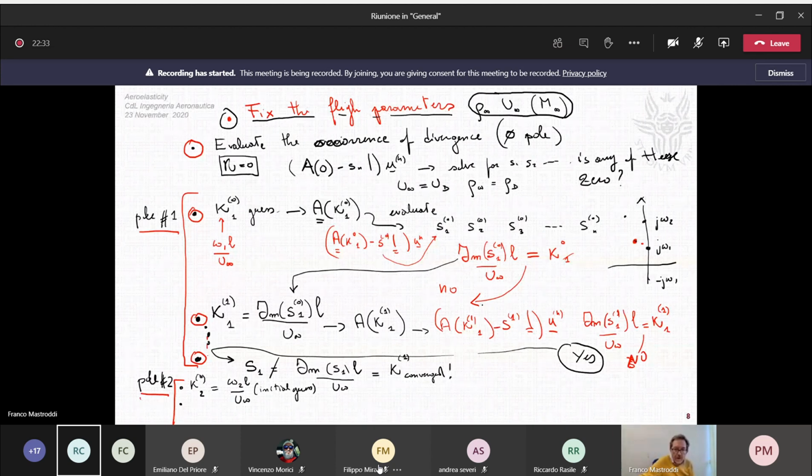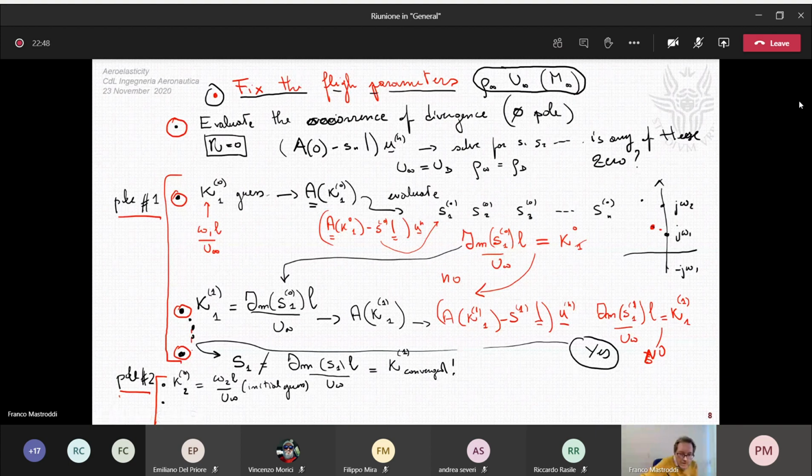If not, we have to iterate the process, consider the newly evaluated poles, then evaluate another K and go ahead up to convergence. And after this convergence, we have a set of the poles of our system, and then we can modify the parameters rho, U infinite, and Mach eventually for defining another set of eigenvalues S.